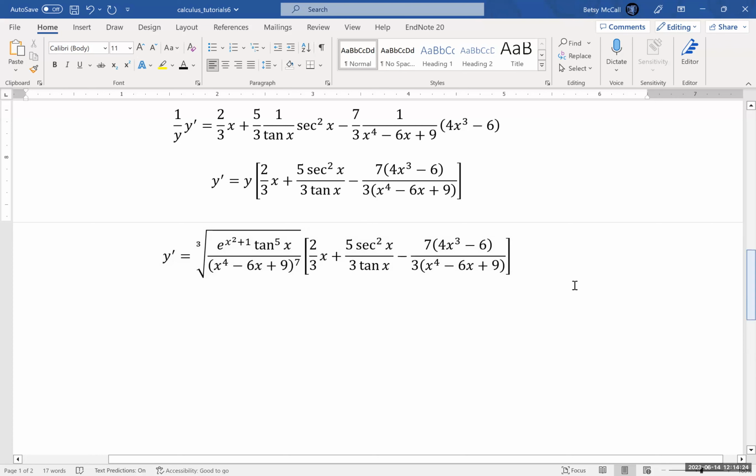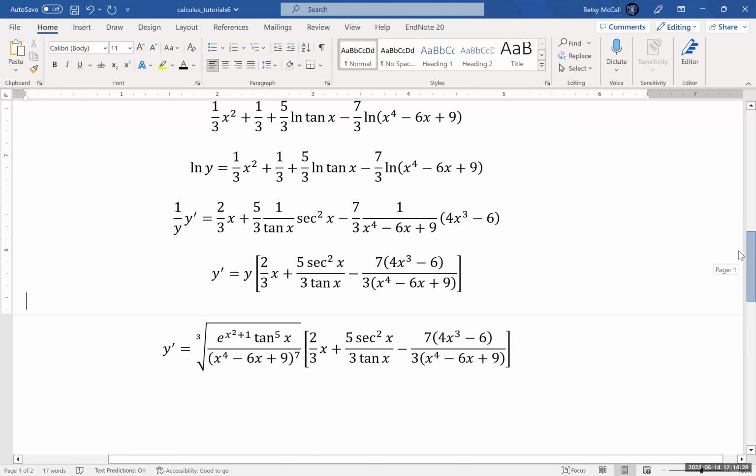Now, as messy and complicated as this was, remember that the alternative to doing this is, just to be clear, to do a chain rule. So you take the derivative of the 1/3 power, and then you do the inside, and you have to do, again, a product rule embedded inside of a quotient rule. And both the quotient rule and the product rule involve further chain rules in every component.